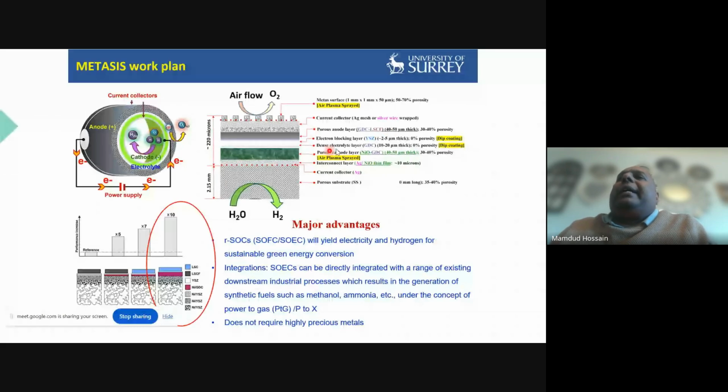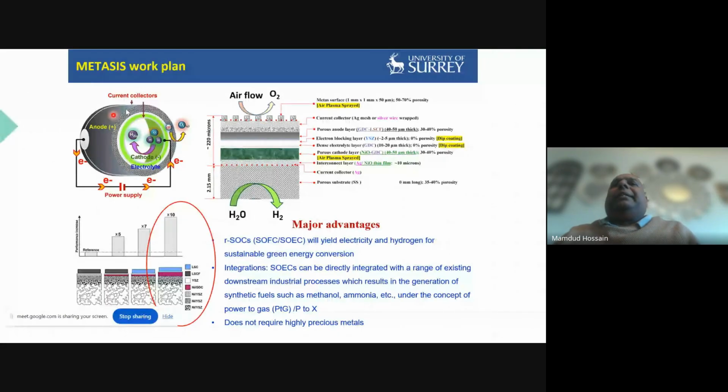Not only that, in the anode section, we have also treated the surface with this type of meta structure. And we hope that meta structure will give you more area for electrochemistry and more area for oxygen to flow, and that gives you better efficiency.